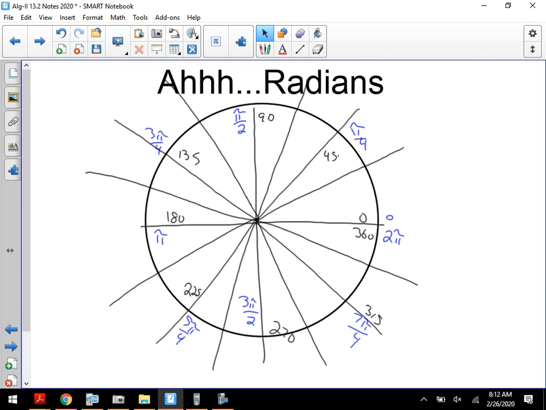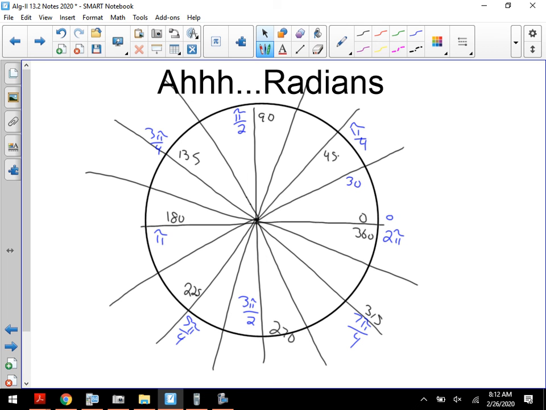Now, are you okay with saying, if I go up by 30 degrees, I go 30, 60, 90, 120, 150, 180, and so on? So what we need to figure out is, 30 is how much of 90? A third of it, right? What's a third of a half? A sixth.